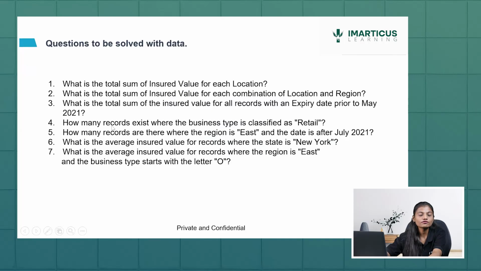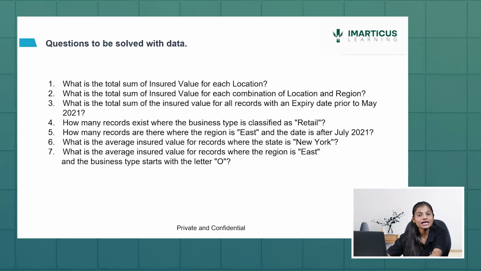Now let's understand the fourth question, which is based on the same data, and let's see what it is trying to ask me. So how many records exist where the business type is classified as retail, which means I want to count how many rows, how many records. How many means it's asking for the count.